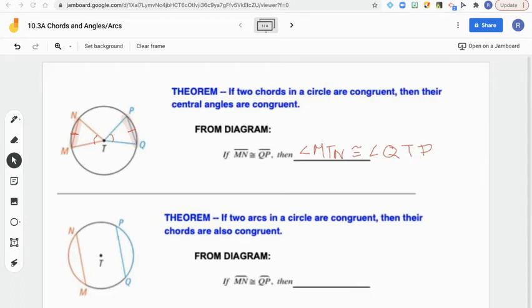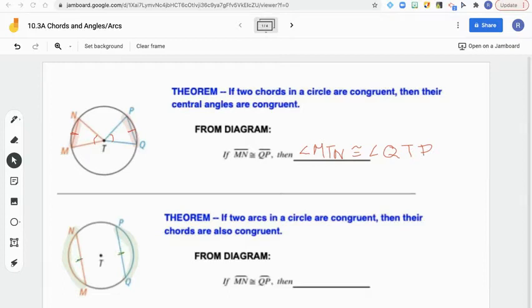The next one says that if two arcs in a circle, remember that our arcs are those parts on the outside, right? A portion of our circumference. So if these two arcs are congruent, then their chords are also congruent. So if those two lengths around the outside are congruent, then we know that those segments are congruent.